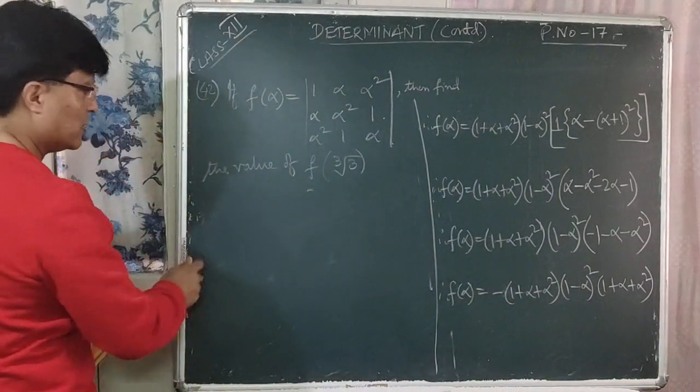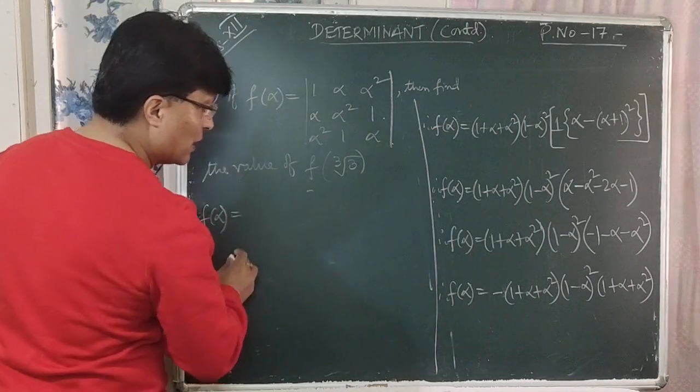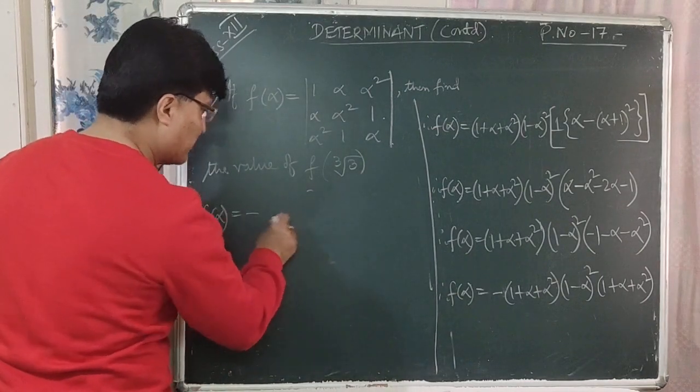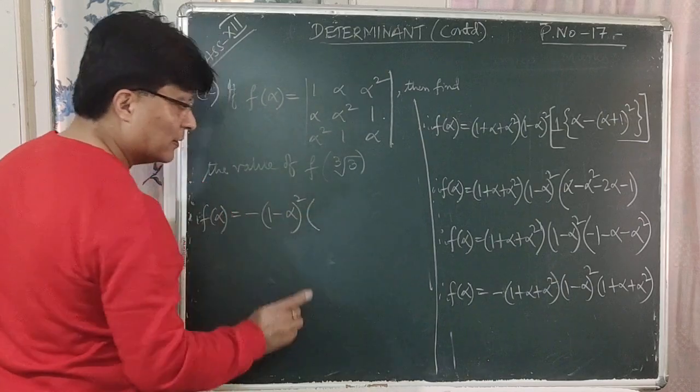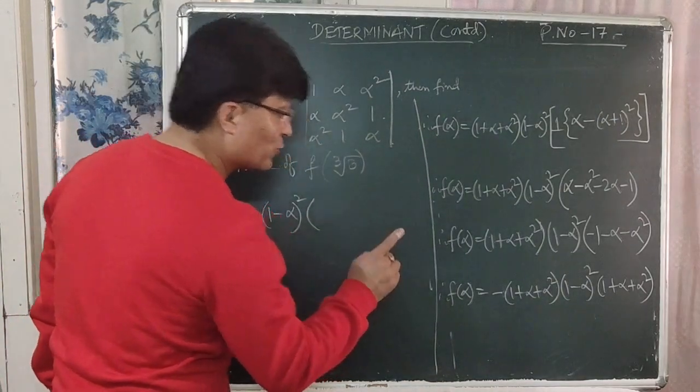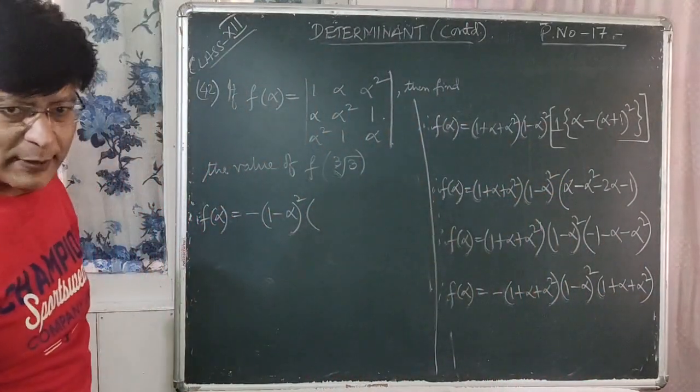So now next, simplify it. Therefore, f of alpha is equal to, now it is minus, let us write first 1 minus alpha whole square, then you should write 1 plus alpha square into 1 plus alpha square, same expression, multiply them.